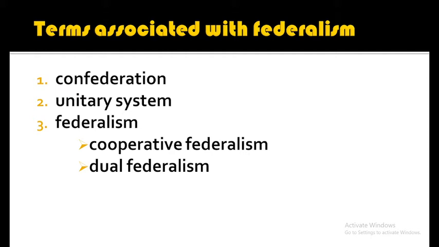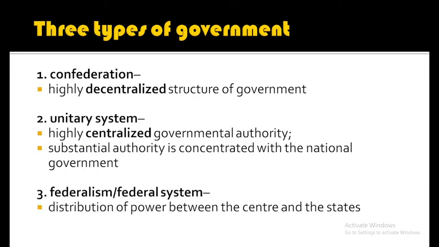Now, let us look at some of the terms associated with federalism, the topic of discussion today. These are confederation, unitary system, and federalism or federal system. Under this, we also have cooperative federalism and dual federalism. Now, the first one is confederation.